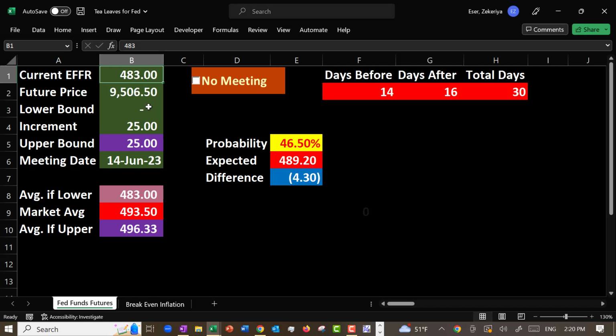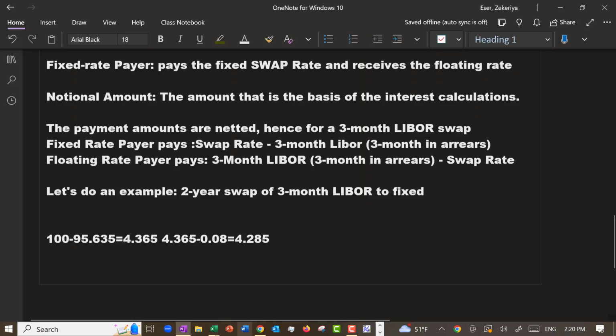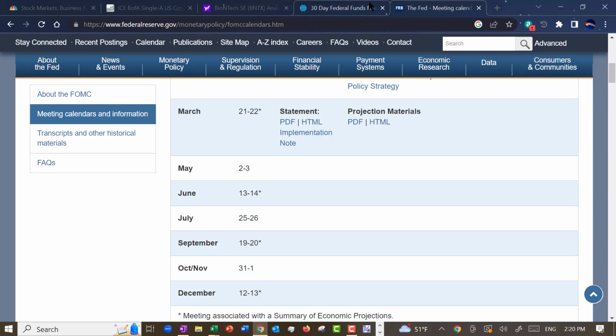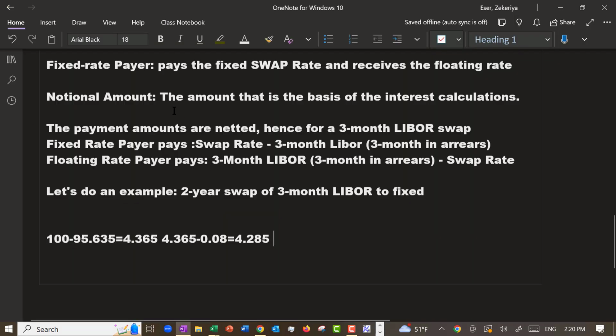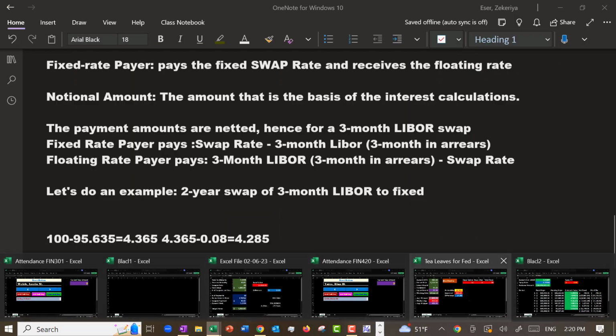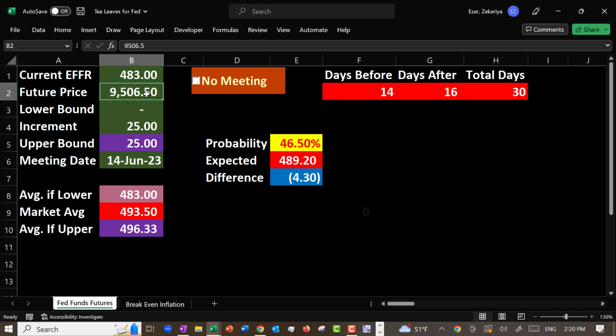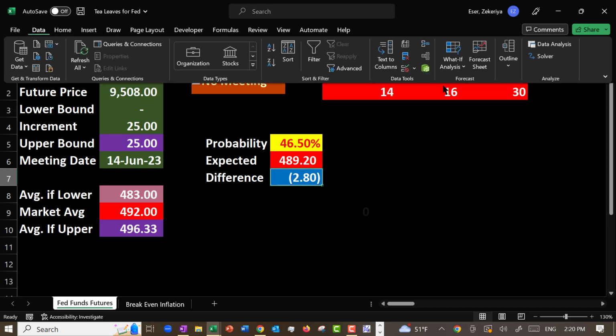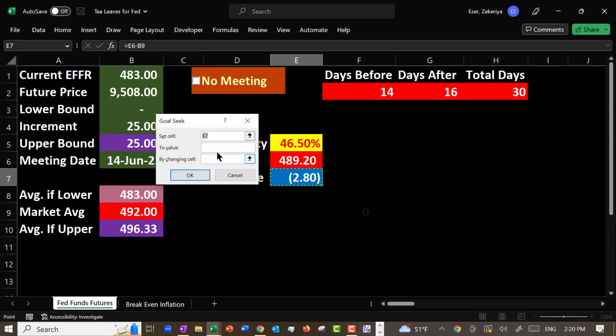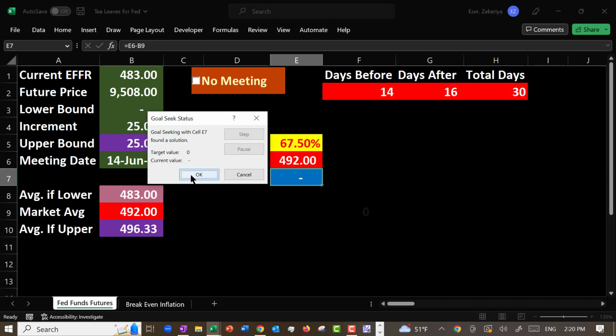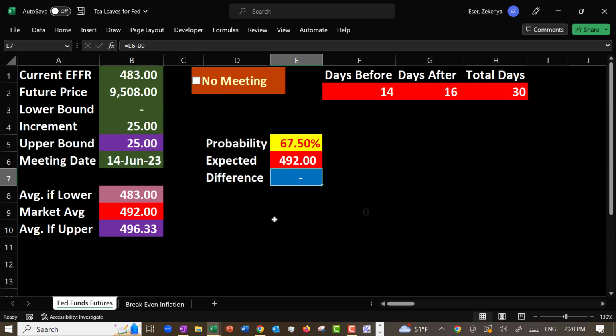And the June contract says 95.08. It says the chances of another move after today by the June contract is 67.5.